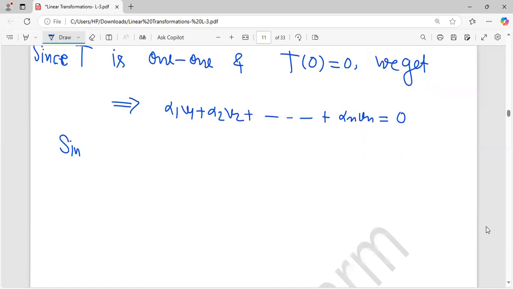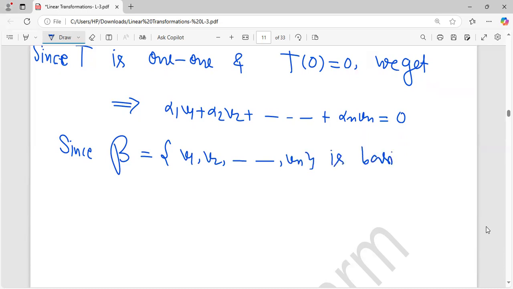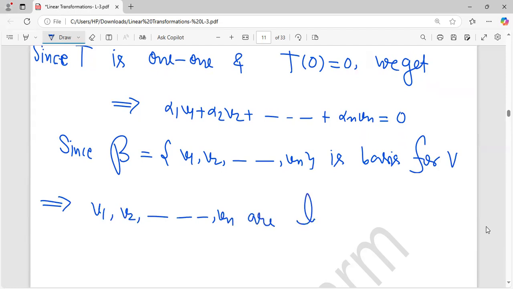Since B is equal to v1, v2 up to vn is a basis for V, it implies v1, v2, vn are linearly independent.